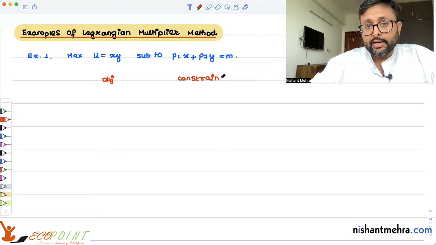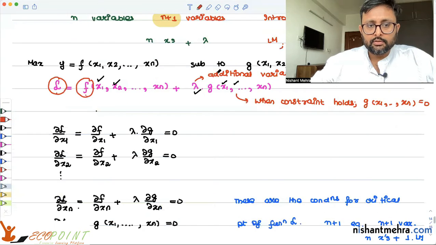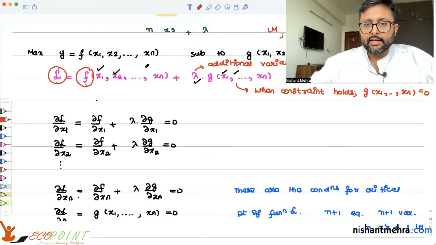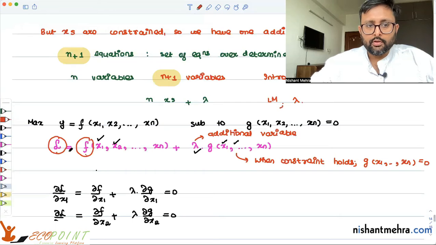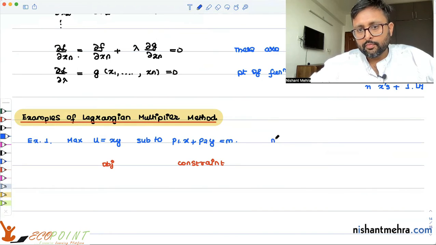Using the Lagrangian technique, if you remember, we did this. You'll be writing your function this way. Lagrangian is f, this is your objective function, plus lambda times g, right? So I can write my constraint this way, equal to 0.